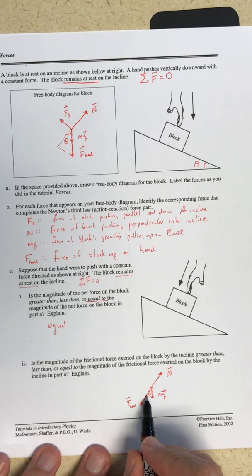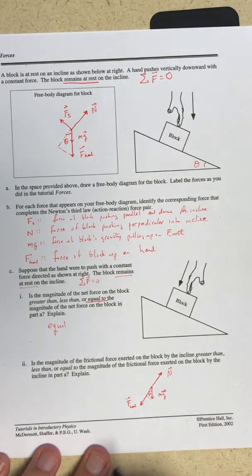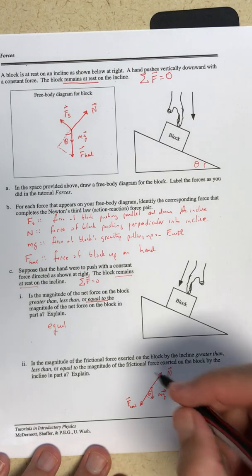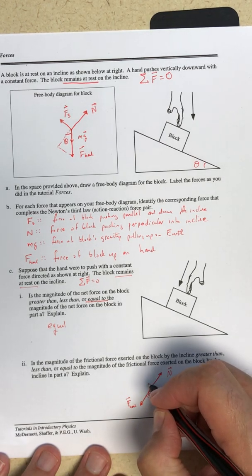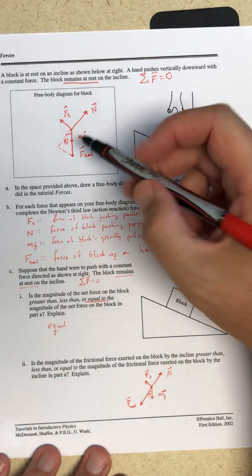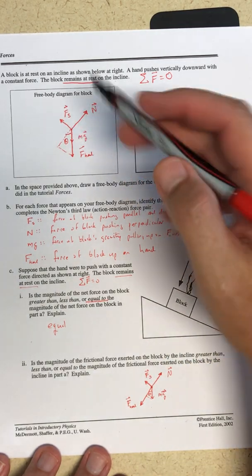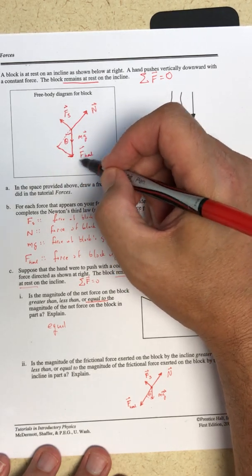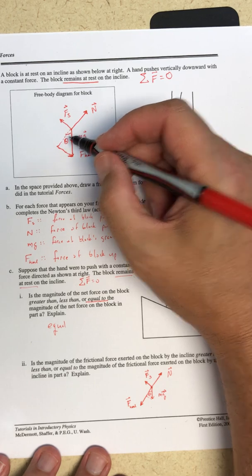I'm going to have a normal force that cancels out the force from the hand plus part of the weight, the part that is along here, and the parallel component of the weight is all that has to be canceled out by the force of static friction. So in this case, I had to cancel out all of this. It's partly the force from the hand and partly the weight.